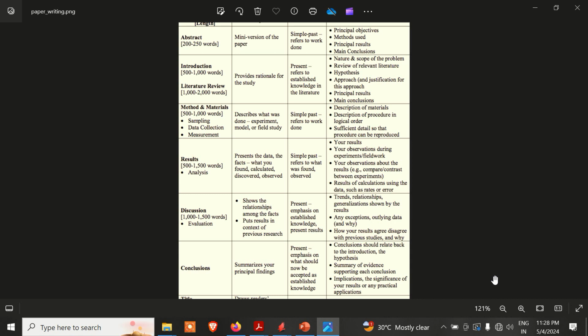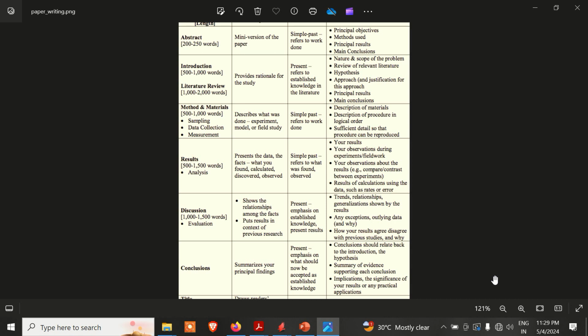After that, the next section is about the methods which you have used. I'm sure there may be multiple methods for every problem. You can describe it in 500 to 1000 words. It describes what was done and what you would like to experiment. Simple past refers to your work done.